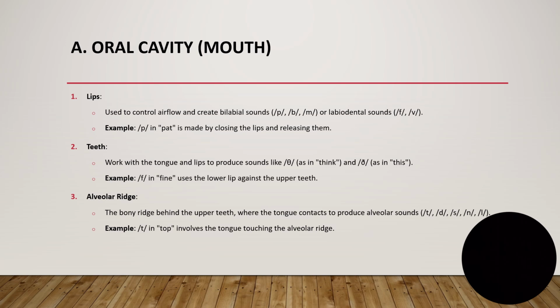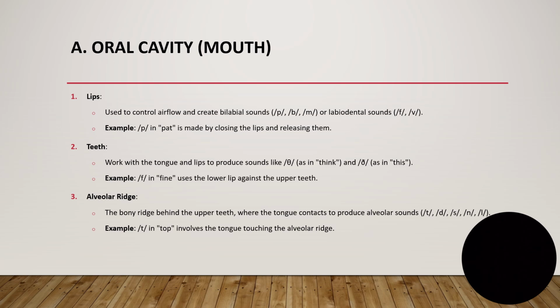We have the lips, used to control airflow and create bilabial sounds like p, b, and m, or labiodental sounds like f and v. Example, p in pat is made by closing the lips and releasing them.